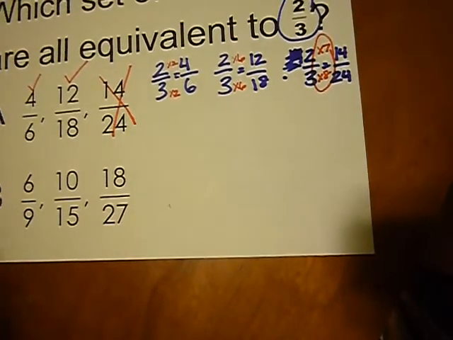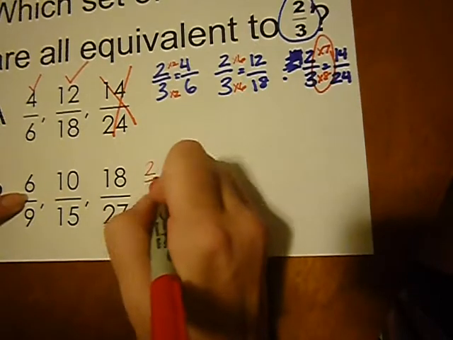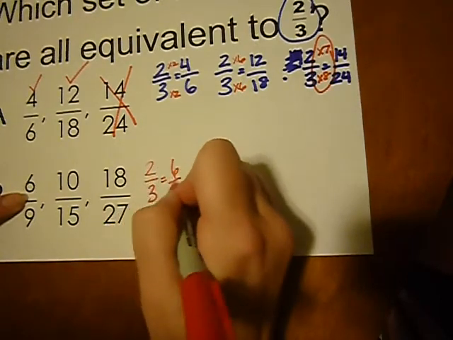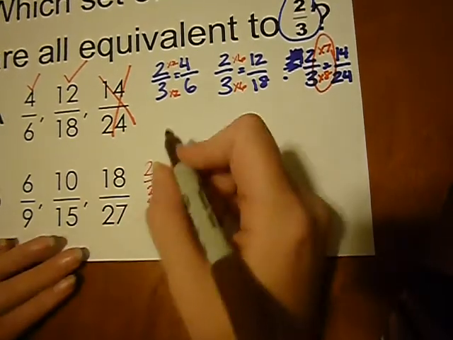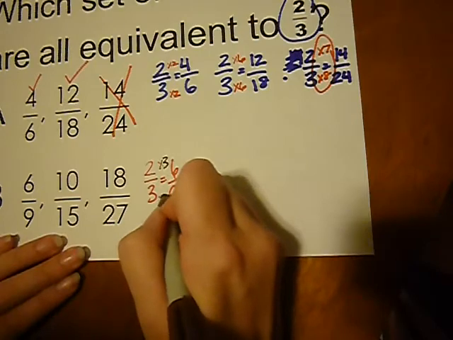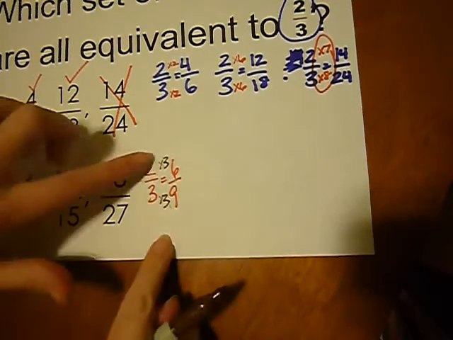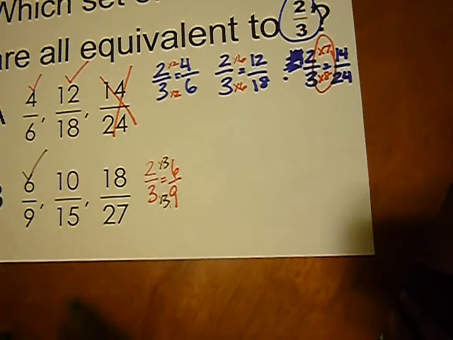Okay, I'm going to check my next set. My first one is 6/9. So 2/3 and 6/9. 2 times 3 is 6, and 3 times 3 is 9. The multiplier matches, so 6/9 is equivalent.